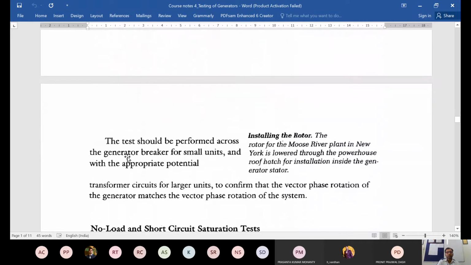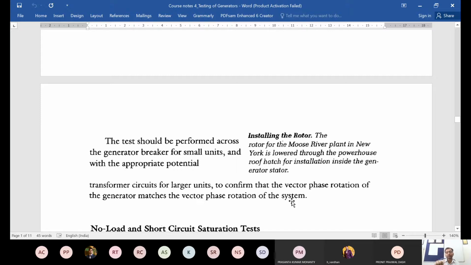This test should be performed across the generator breaker for small units, and with the appropriate potential transformer circuits for larger units. So for smaller units you can just directly connect it, whereas if it is a larger unit, then appropriate potential transformers need to be taken into connection. The objective is to confirm that the vector phase rotation of the generator matches the vector phase rotation of the system.